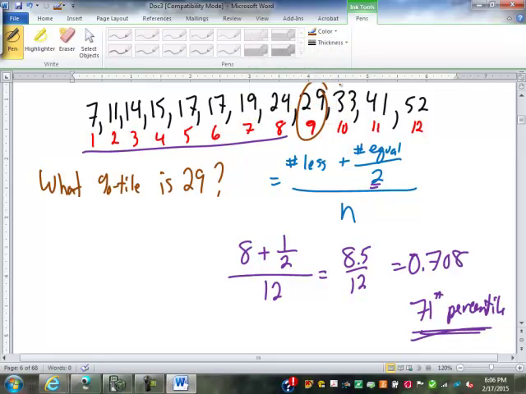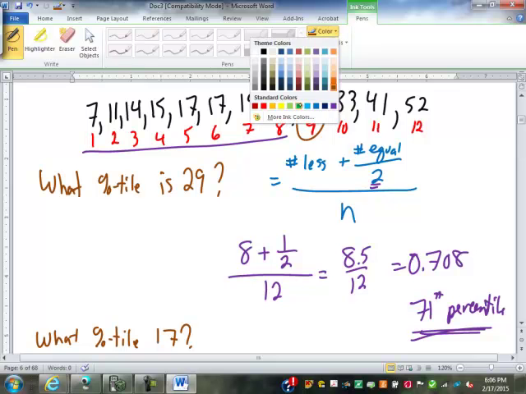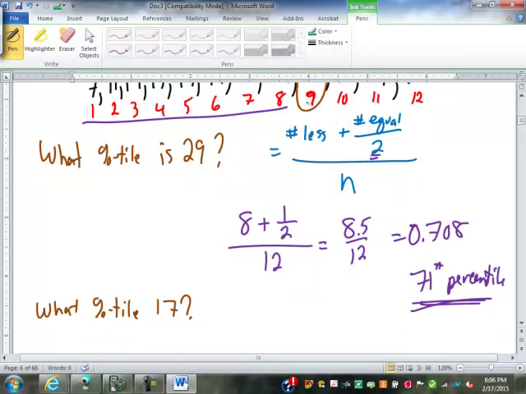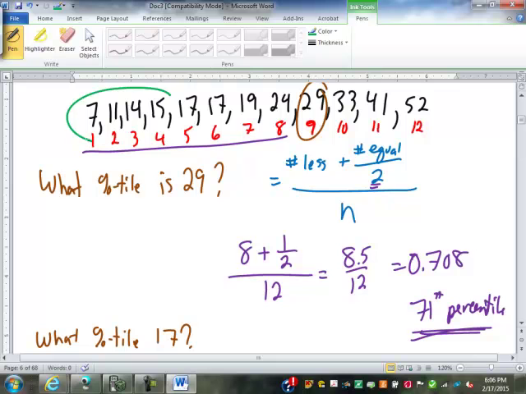How about if I asked what percentile is the 17? Sorry, I want to ask the 17. So now, how many are less than 17? 4.